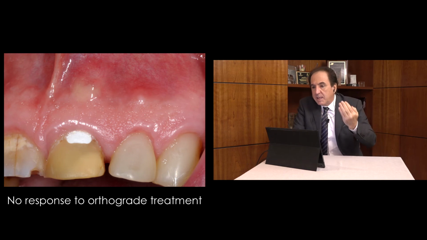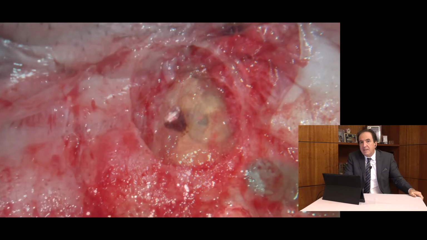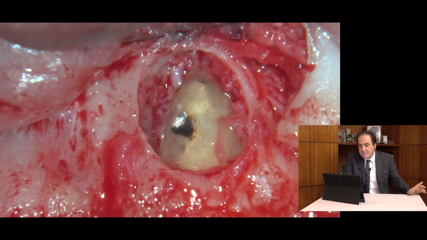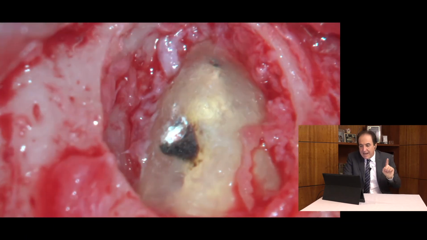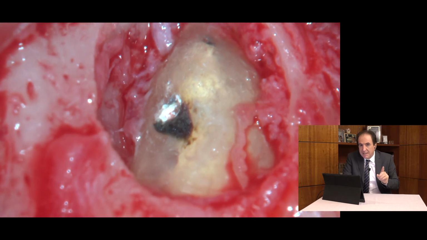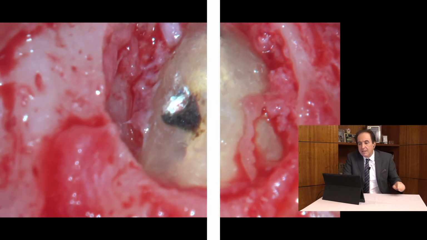Then you instrument again, you place again calcium hydroxide, and you wait, and after another week the sinus tract is still there, open, draining. So this, you have to seriously think that there could be an extraradicular biofilm, sometimes calcified. There could be calculus, which is not the periodontal calculus. This is an endodontic calculus.